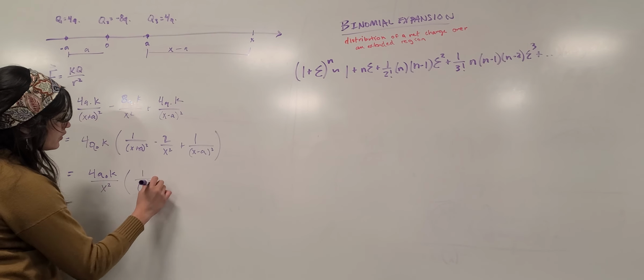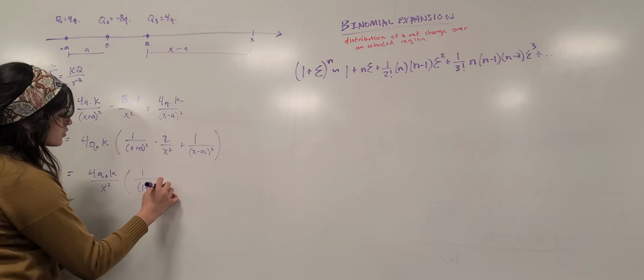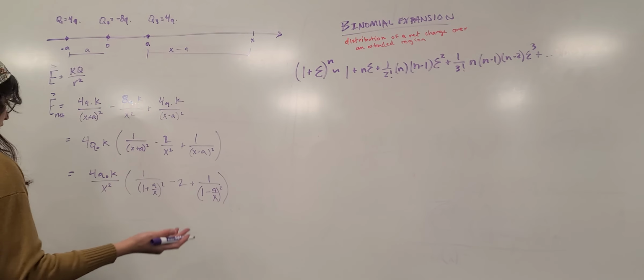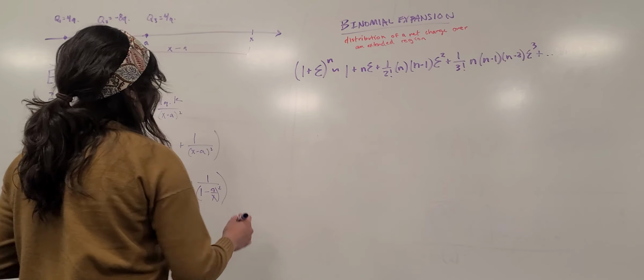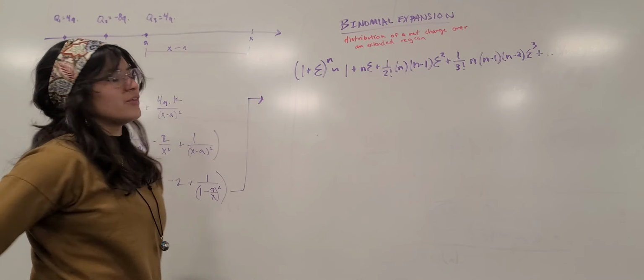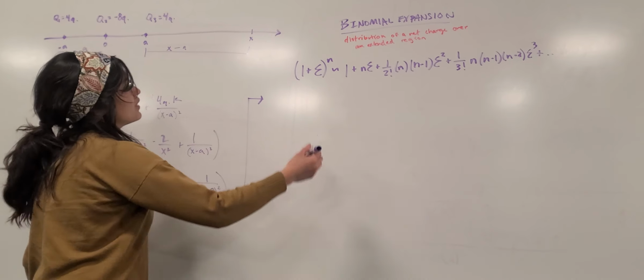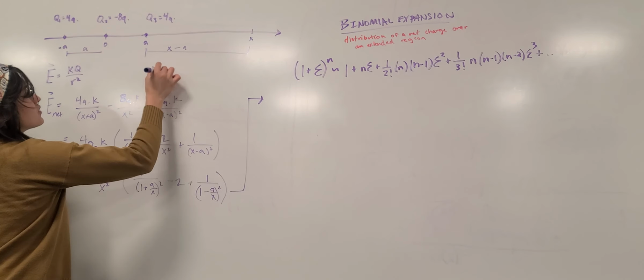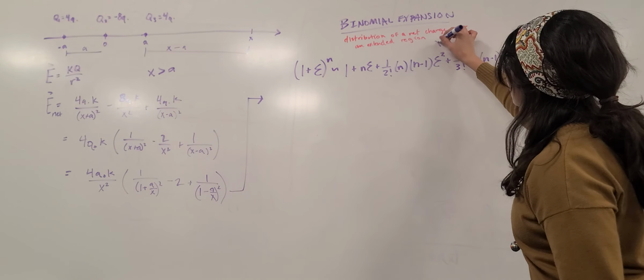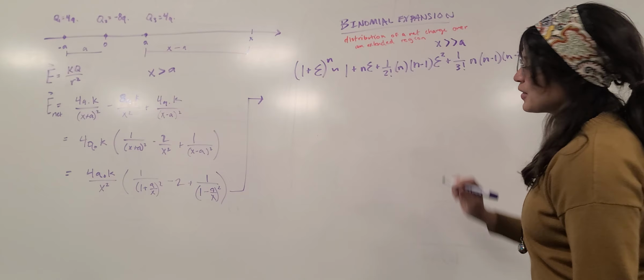That this will end up looking like 1 plus a over x squared, if you pull out an x squared, minus 2 plus 1 over 1 minus a over x squared. Okay, taking this one step further, I'm going to rewrite this entire thing so that it's easy to work with for evaluating it really far. This is where x is much greater than the distance a.